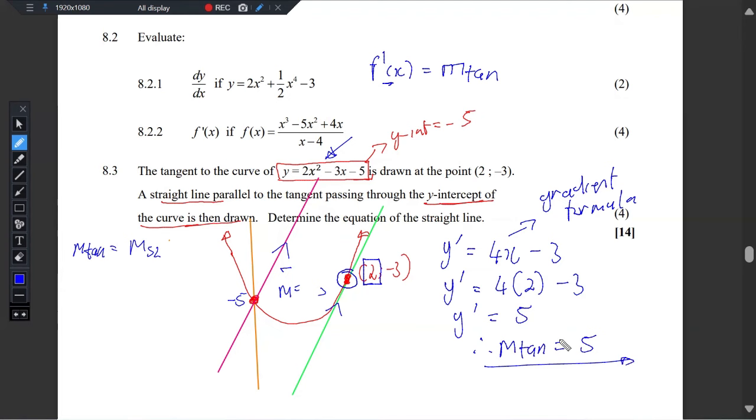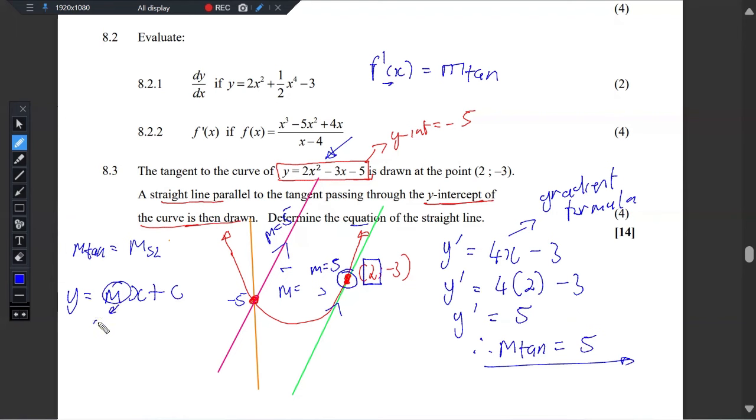Cool. But now, one thing that we know is that the gradient that we find from here is the same gradient here because they have the same slope, right? So if the gradient here is 5, then the gradient of that parallel line is also equal to 5. Now, in order to determine the equation of a straight line, your formula is y is equal to mx plus c, which tells you that in order to determine the equation of the straight line, there are two things that you need.